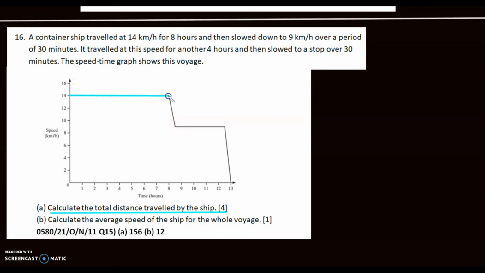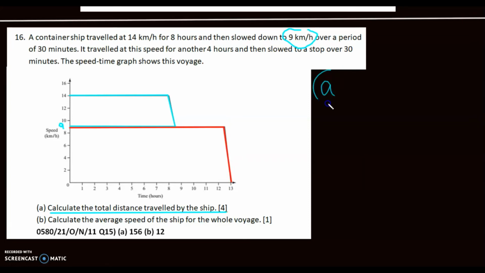So this is the first trapezium. I should have read the question because I need this information. This is 9. And then another trapezium. So here is another trapezium. So now I'll find the areas of both these trapeziums and add them.